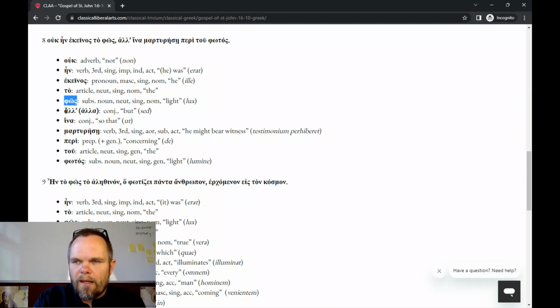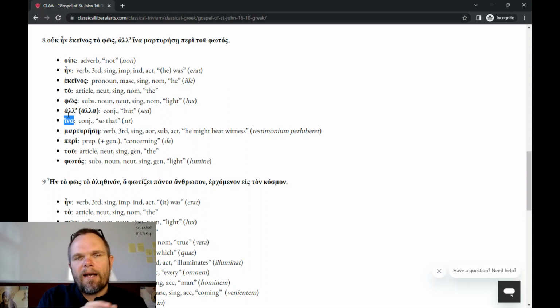Pretty simple. All', and here we have another example of an apostrophe where a word is shortened for the sake of euphony or pleasant pronunciation. The word, if you look it up in a dictionary, is actually alla. It means but. It's a conjunction, translated sed in Latin. But it's abbreviated here. You see the apostrophe marking the omission of that alpha at the end. And the reason why is because the following word begins with an aspirated vowel, hina.